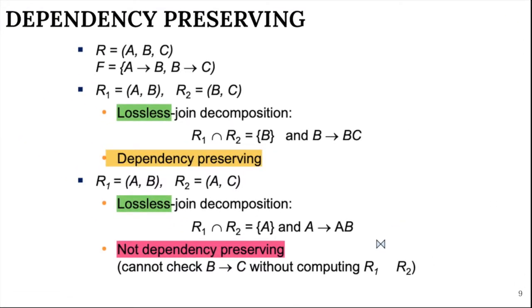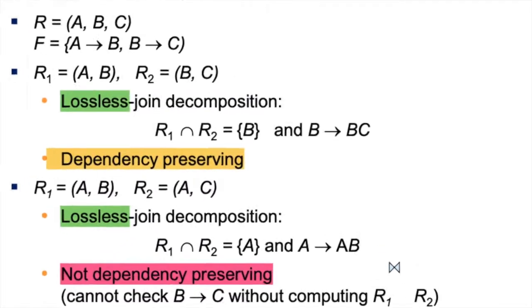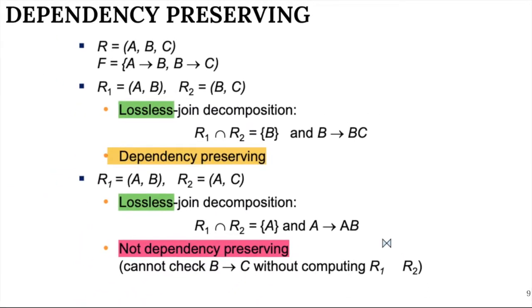This is a lossless join decomposition. The proof of this is by the augmentation rule, which is in the previous slide. Okay? The second one is also a lossless join decomposition, but it is not dependency preserving. Why?